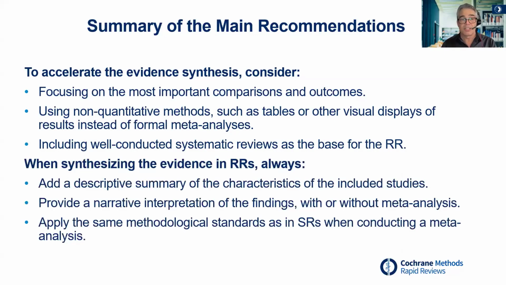And when you synthesize the evidence, always add a descriptive summary of the characteristics of the included studies, provide a narrative interpretation of the findings with or without meta-analysis, and always apply the same methodological standards as in systematic reviews when conducting a meta-analysis in a rapid review.